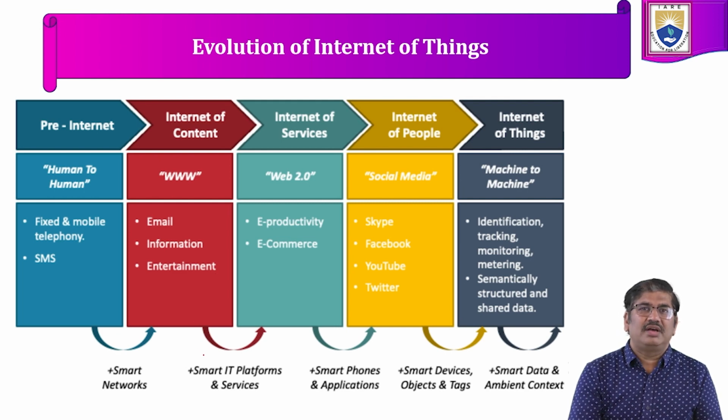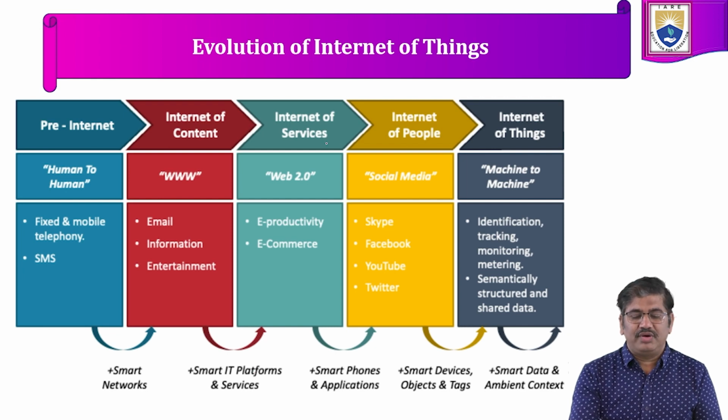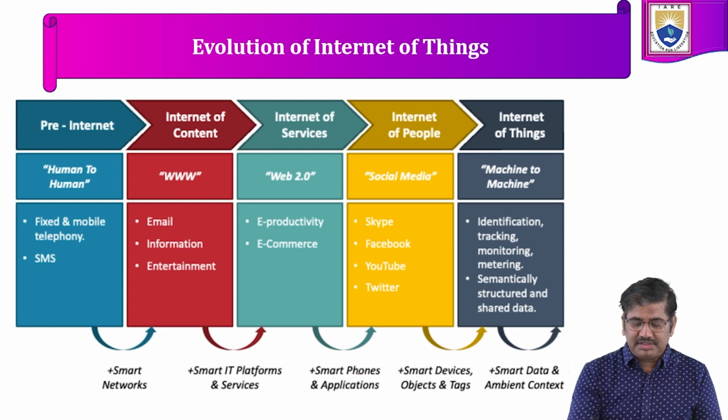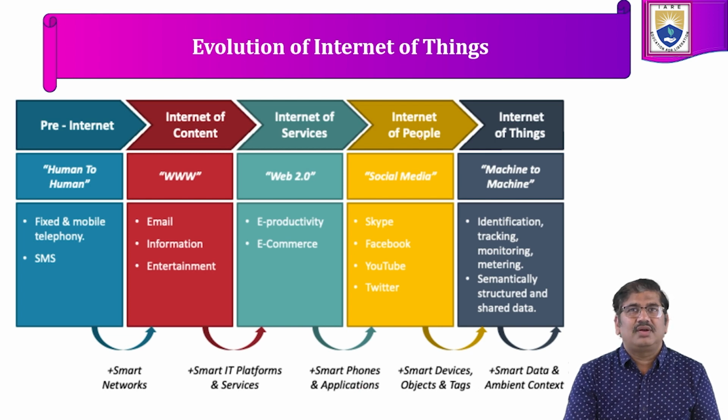Along with smart IT platforms and services, we have the Internet of Services using Web 2.0, with e-productivity and e-commerce. Smartphones and appliances were added for the Internet of People, using social media like Skype, Facebook, YouTube and Twitter.